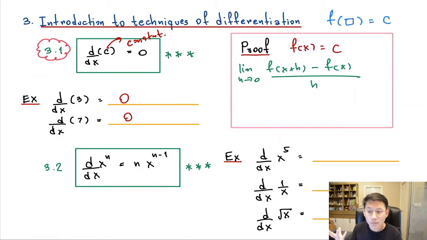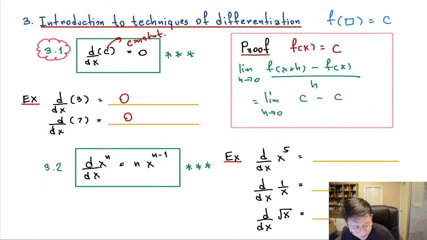It doesn't matter what the value of the input is, f is always the constant c. So in this case, we have the limit as h approaches 0 of c minus c divided by h, which is 0, because f of anything is just c.